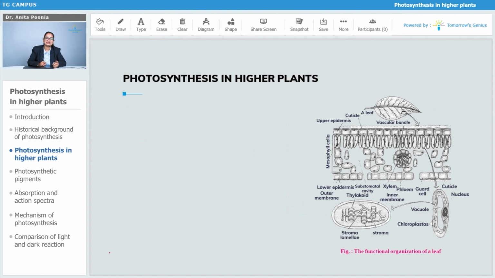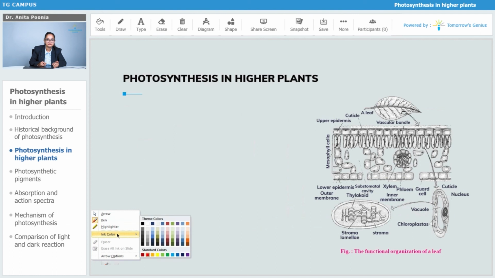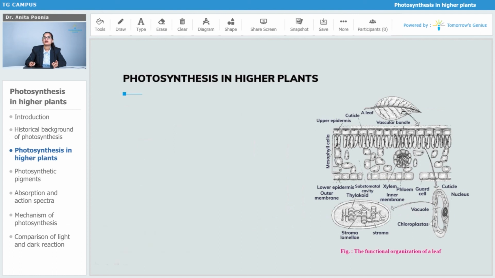So here let us pay attention to this very diagram. You see, this is the transverse section of a leaf, and this is how you could see the upper epidermis. You could see the mesophyll cells, the lower epidermis, the substomal cavity, and further we zoom in on the chloroplast, wherein you could see the stroma lamellae.